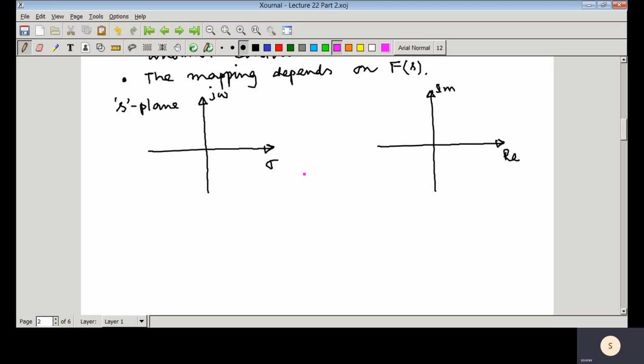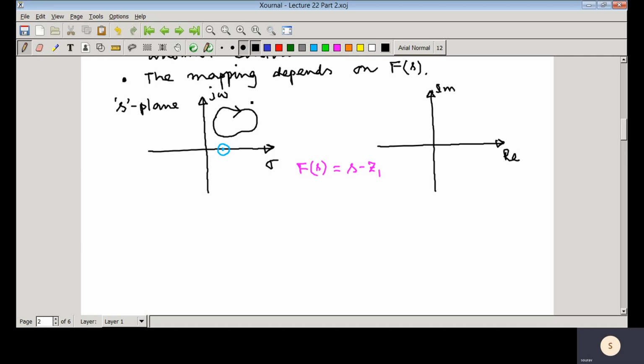Suppose we have taken a function F(s) equal to s minus z1. So here we can see that there is a zero at z1, and suppose there is a contour here.